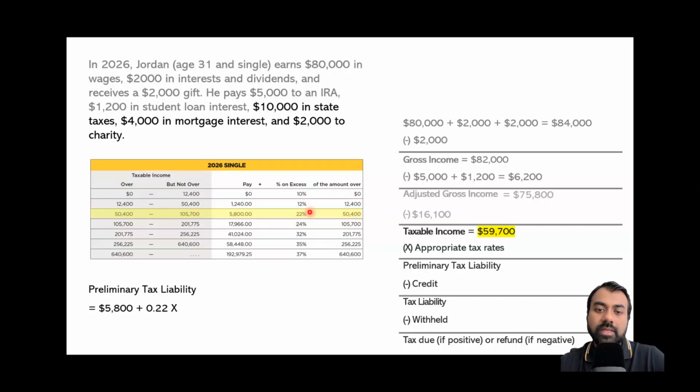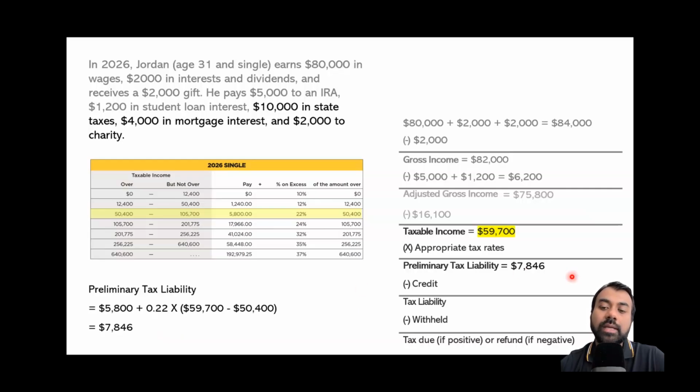So because the rate here is 22%, that's why we have 0.22 here. And then we need to figure out the amount of taxable income that's above 50,400. So let's do that. So we take our 59,700 and then we subtract 50,400. That will give us the amount that's above 50,400. Once we do our math, we see our preliminary tax liability is $7,846. So that gives us our preliminary tax liability.